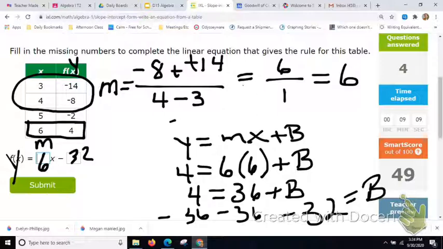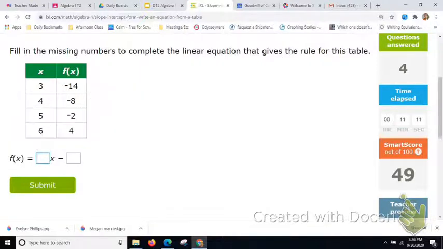So f of x equals 6x minus 32 is the same thing as saying y equals 6x minus 32. And you could have chosen any one of those 4 points. You get the same answer with any of them. So 6, and this was 32.